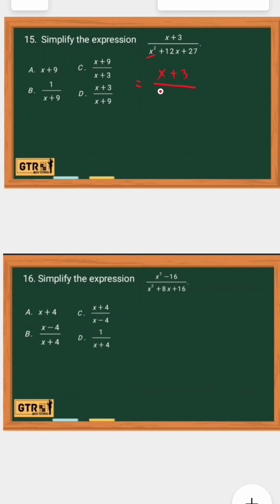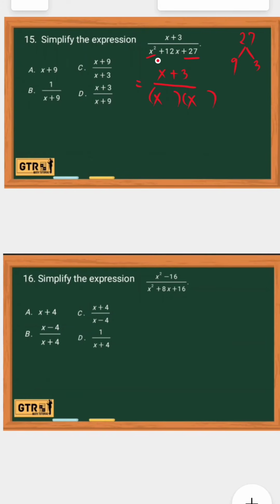So the factors of x squared are x and x. Factors of positive 27 whose sum is 12. So factors ng 27 na ang sum ay 12. So we have 9 and 3. So 9 times 3 is 27, 9 plus 3. So that is equal to 12.